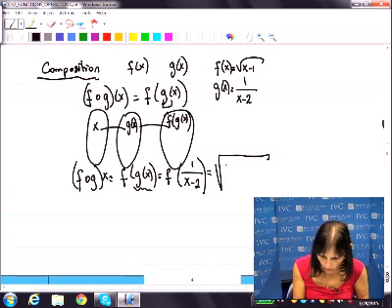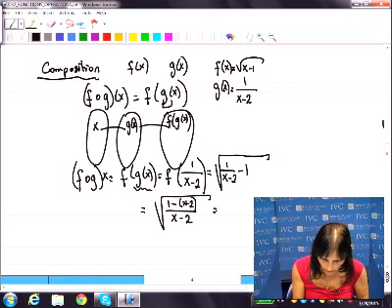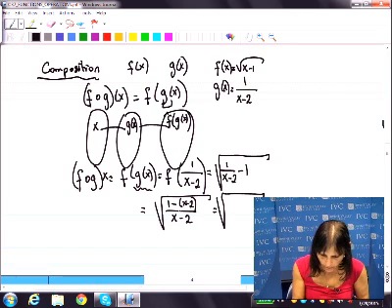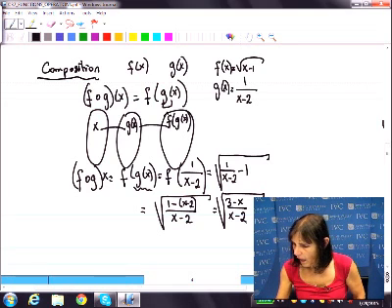So you're going to get 1 over x minus 2 minus 1, which is the same as 1 minus (x minus 2) over x minus 2, which is the same as negative x plus 2 plus 1, so that's going to give me 3 minus x over x minus 2. Does that make sense? Okay. What else do you need?